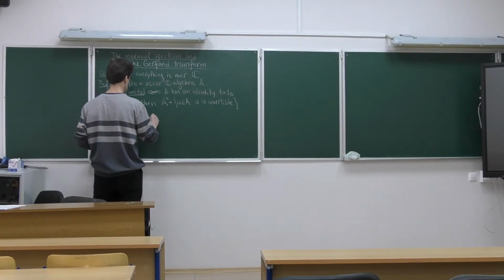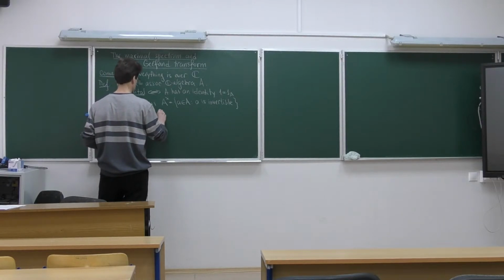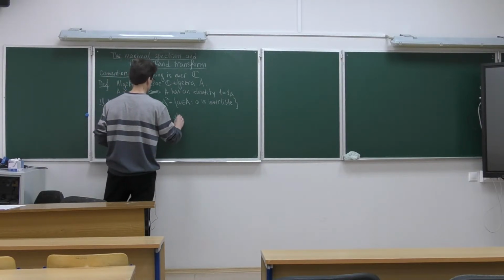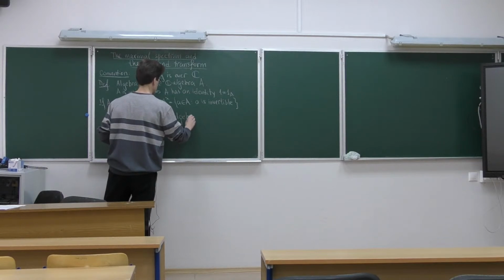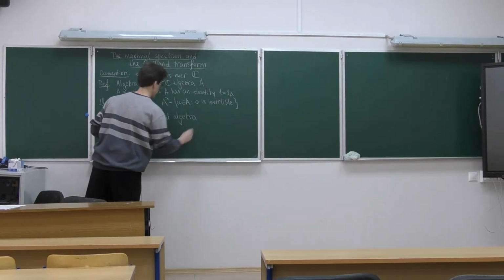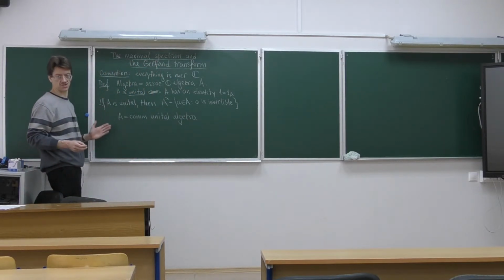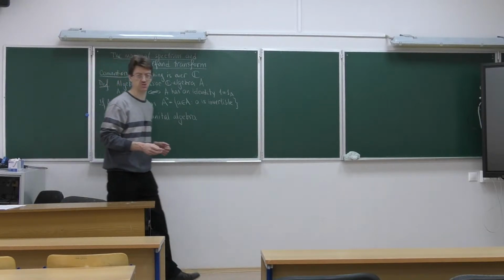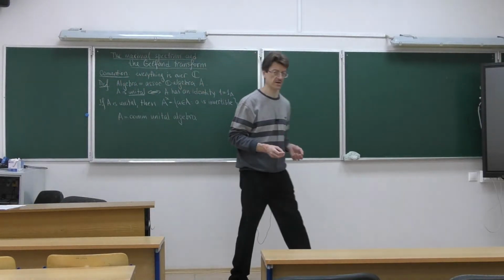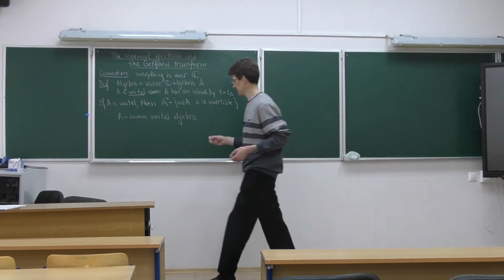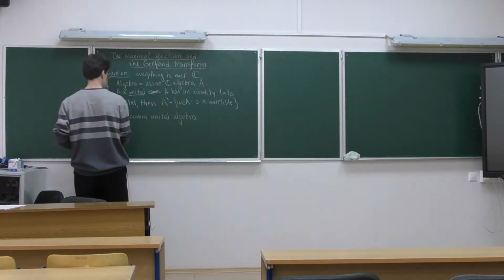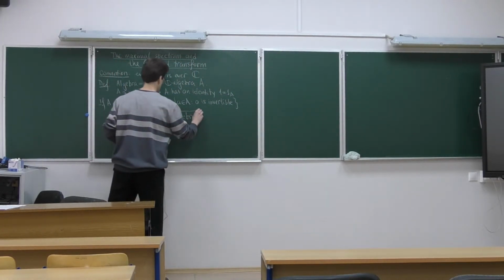This is our basic assumption. At this point, this is a pure algebraic object. We don't assume that A is a Banach algebra. It is just a commutative unital algebra.